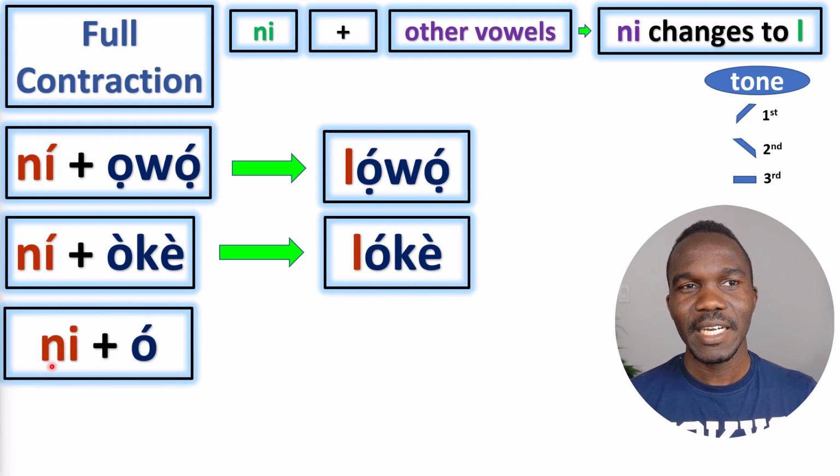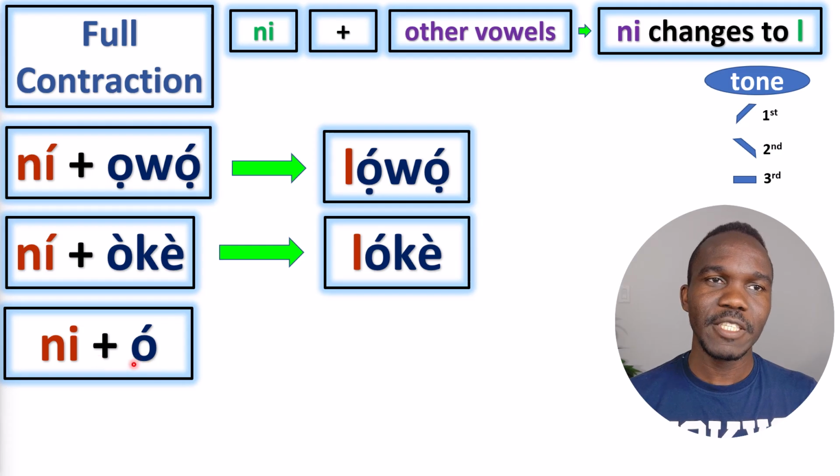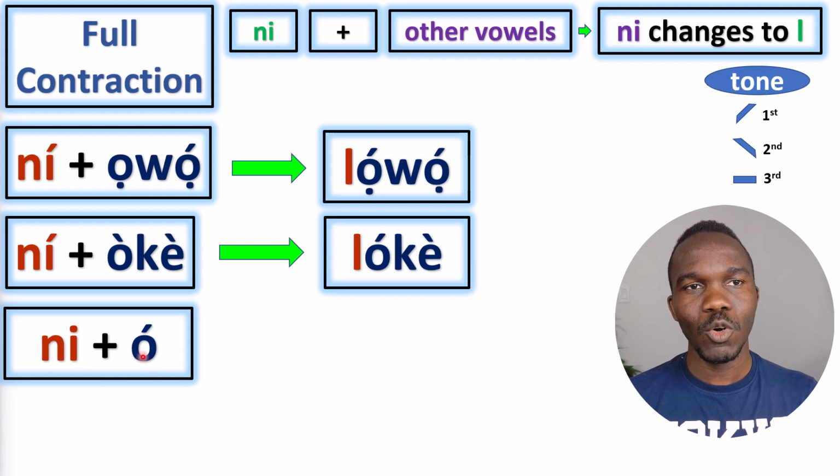Look at this one. This one is what? Re, ni, mi, o. So if you look at it, ni and o, ni turns to what? L beside it. And look at this one, the tone, this what?